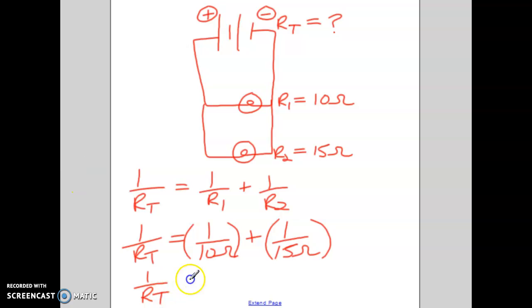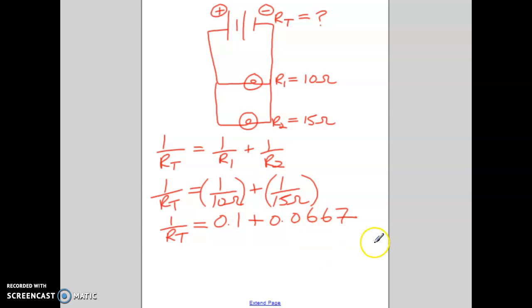This is the only time I will allow you to not put in a unit. You're just going to put the number here. So 1 divided by 10 is 0.1 plus 1 divided by 15, which is 0.0667. Let's round that, because it's a 6 repeater.